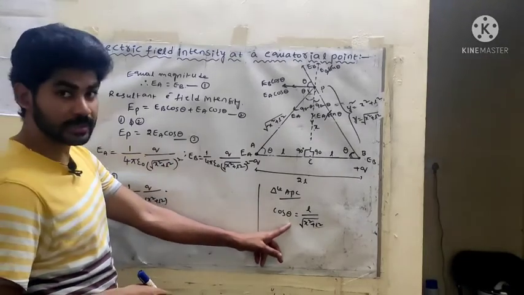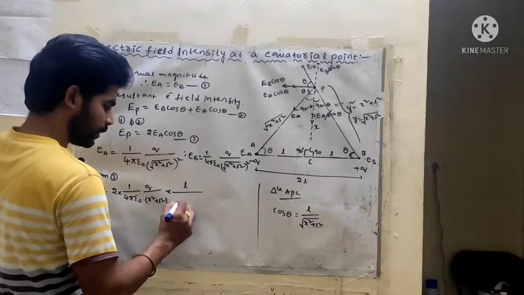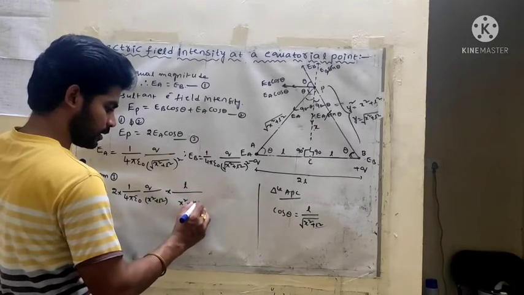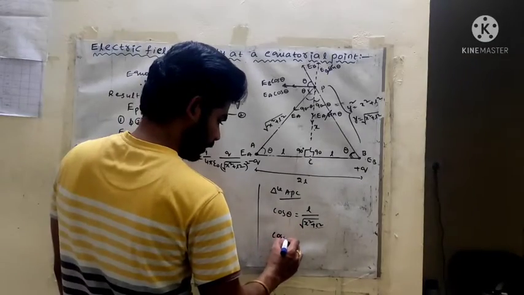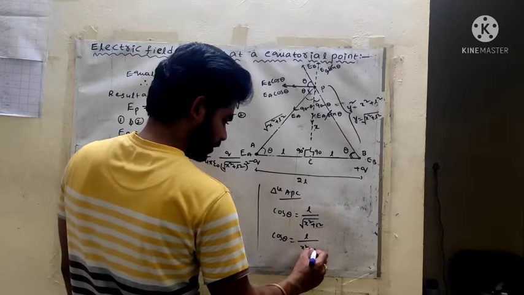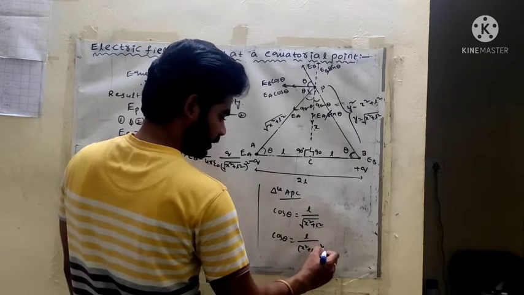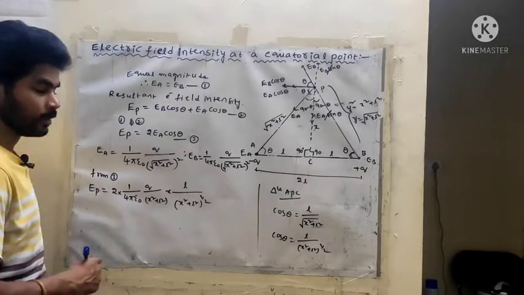What is that cos theta value? Cos theta is L by root of x square plus L square. So this square we can write like this: cos theta is equal to L by x square plus L square, removing the square means whole power 1 by 2.